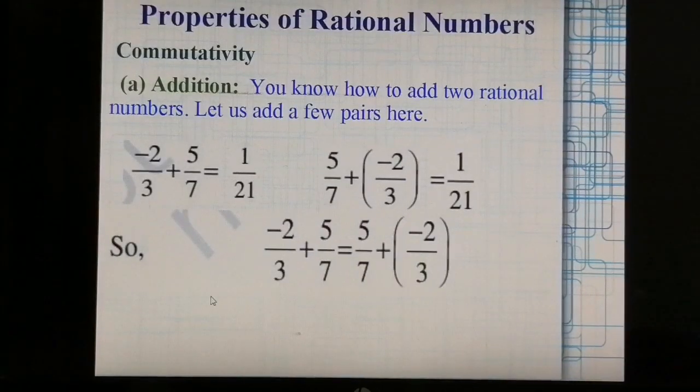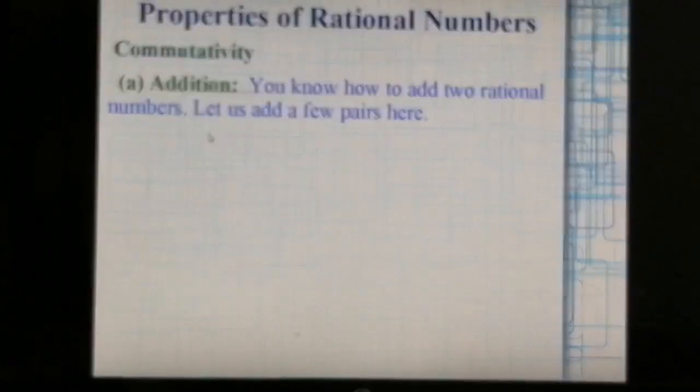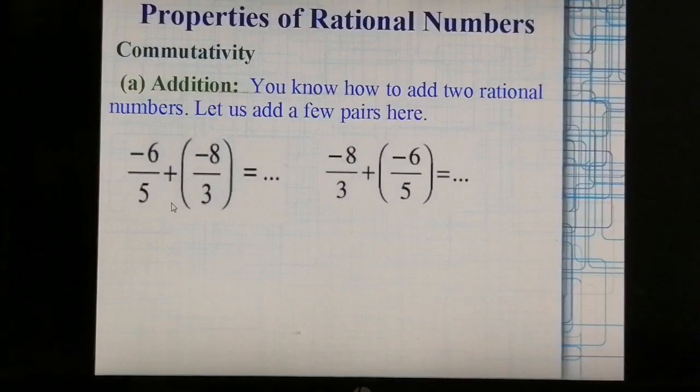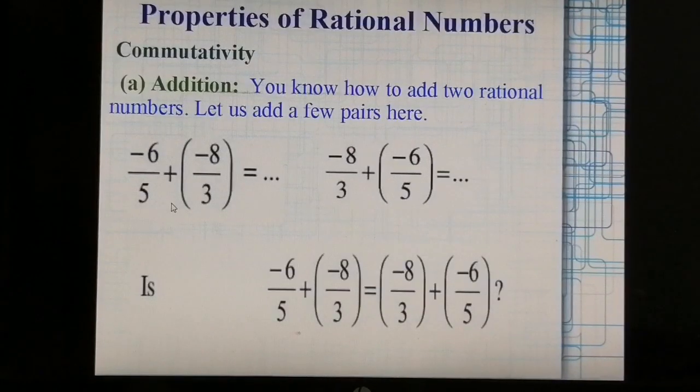So here this structure you need to remember. Left hand side is equal to right hand side, means after commuting we get the same result. Means what do we say? Okay, before that let's try a few more examples. You need to do it for yourself.